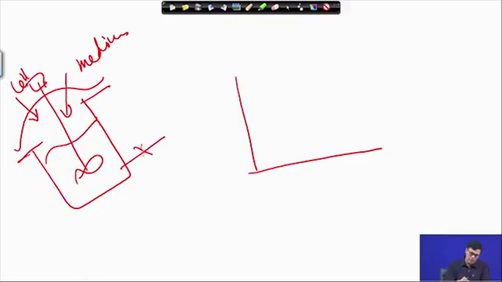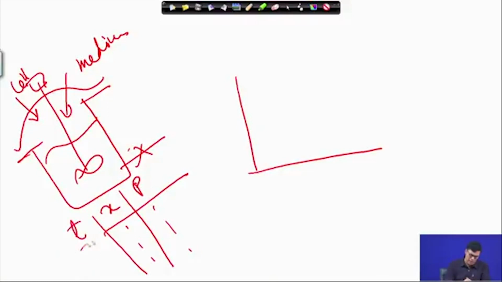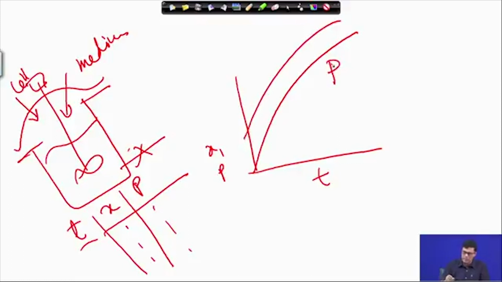Then from time to time you can draw samples. So, you can find out x and p at different times. This is with respect to time. If you plot x and p, it is like this, so this is p and this is x. Now, we should all remember that x should not be 0.